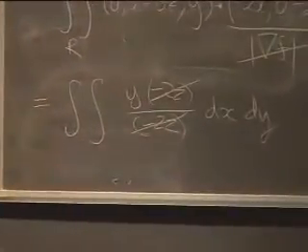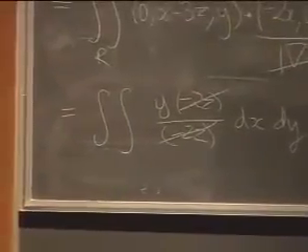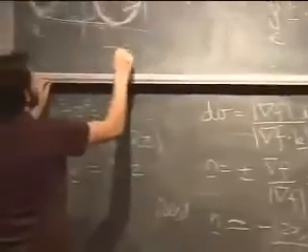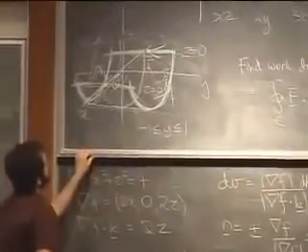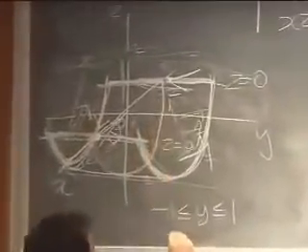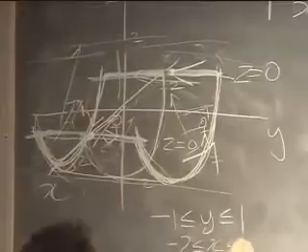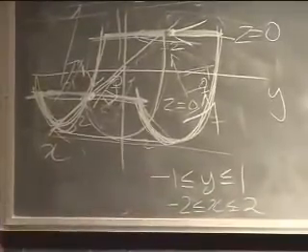We now have to finally find the limits. y goes from minus 1 to 1, that was given. And where does x go from? Well, it goes from negative 2, that's the intercept there, to positive 2, because the curve is x squared plus z squared equals 4.